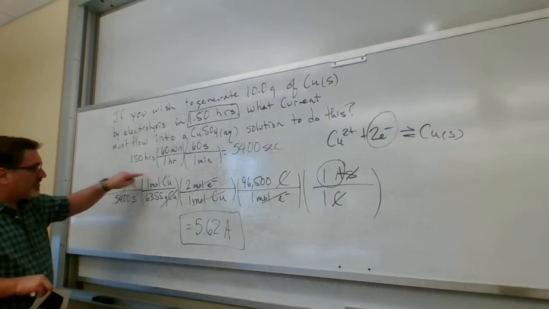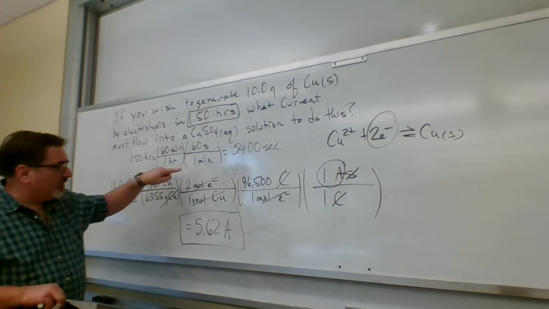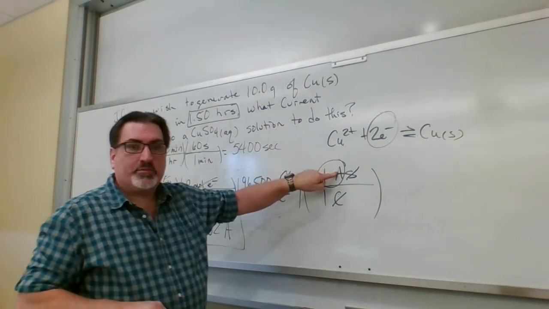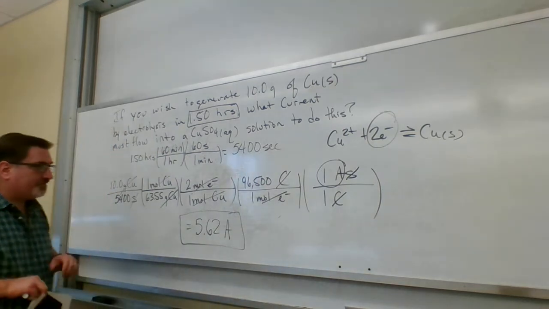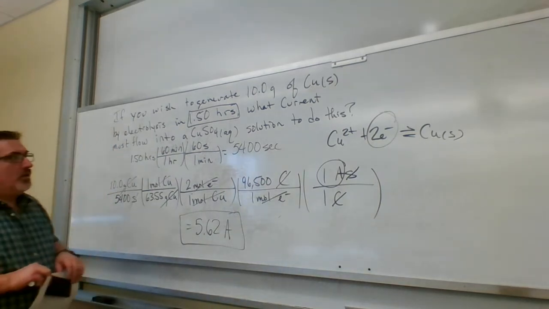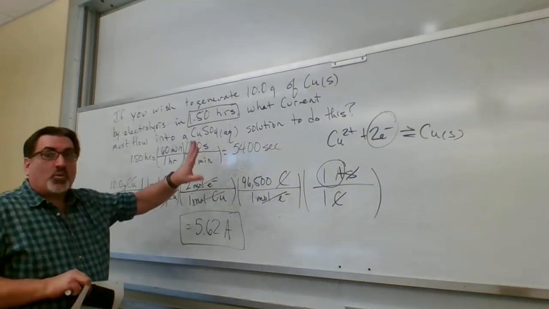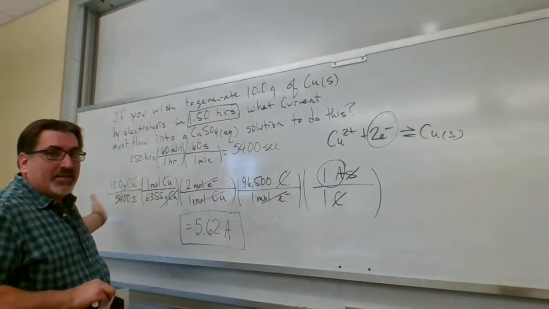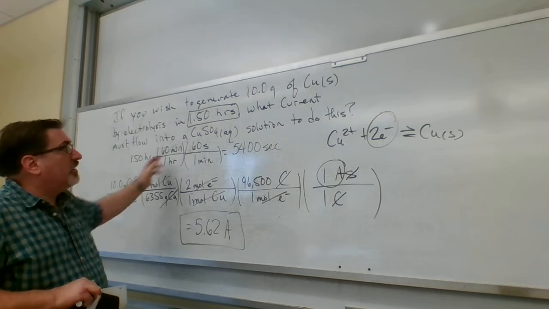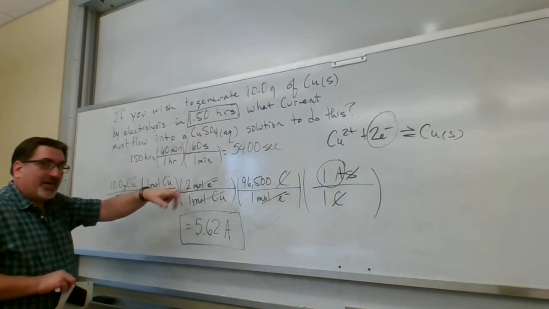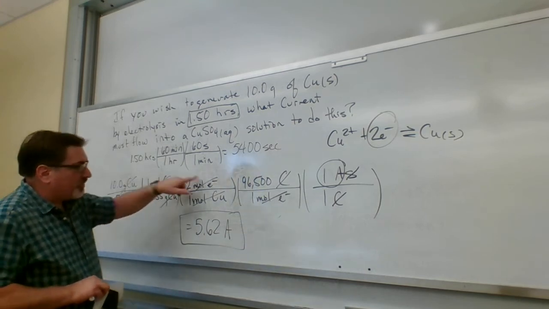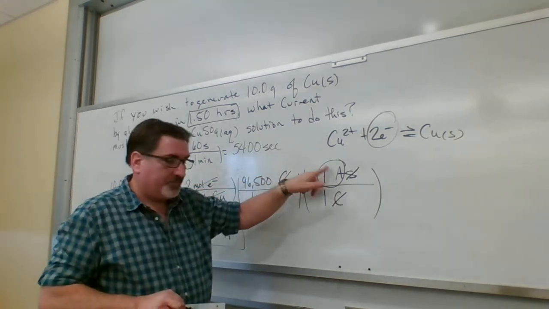Convert the numerator to moles of copper, moles of electrons, coulombs of charge, and then amps. Each step all the way across. All the problems set up like this one work this way. If you know the mass you're looking for and the time, it's going to be the same kind of process. Convert the time into seconds because you're going to need that for your steps along the way. Take your grams, convert to moles, moles of electrons, charge, and amps.